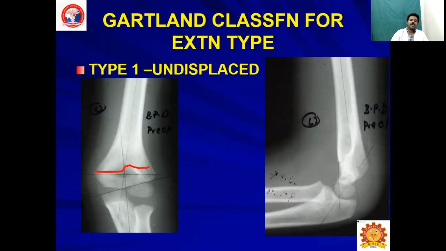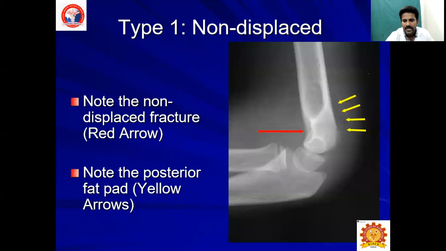Gartland type 1: you see a fracture with no displacement. You can only see a very faint fracture line. The red line shows the fracture, and you draw the anterior humeral line and can see the fracture site.